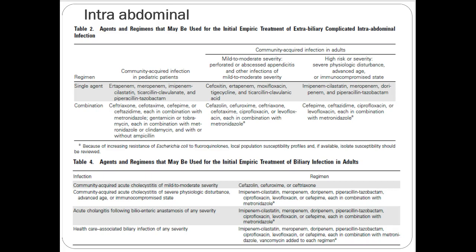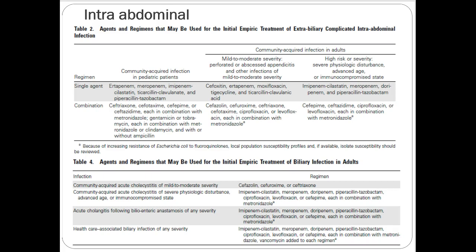Once you get more severe infections, you add the anaerobic coverage back on, basically the same as the first table. There are a lot of drugs on this table, but what I want you to remember is the severity differences, and that you cover with both gram-negative and anaerobic coverage.